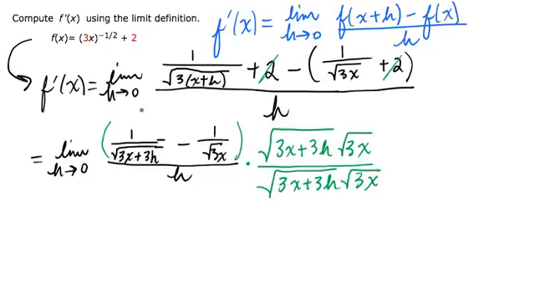Then we'll distribute over that numerator. So when I distribute this over this numerator, when I do this entire product of two radicals times this fraction here, the radical 3x plus 3h, those cancel. So we're just left with the radical 3x in that numerator.